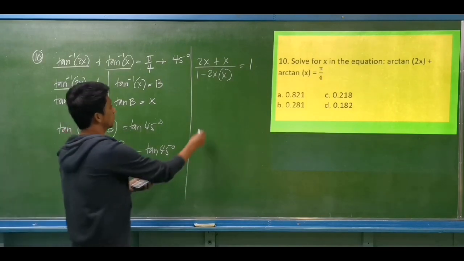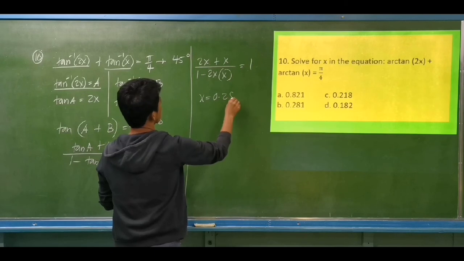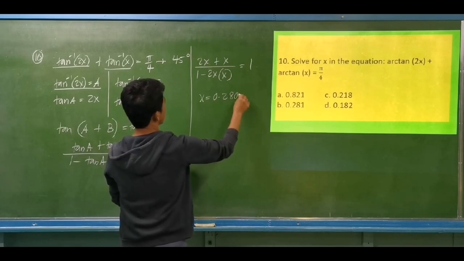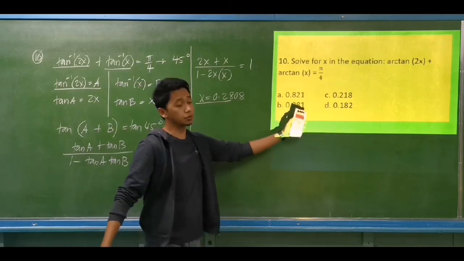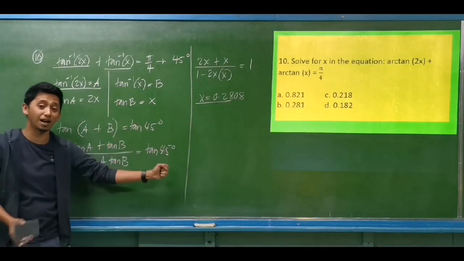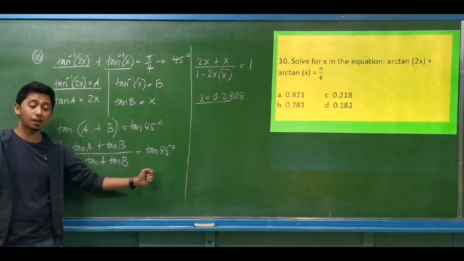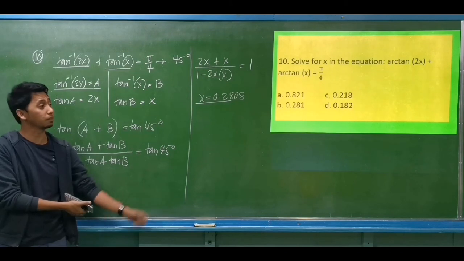Ang lalabas dito is 0.208, 0.8776 pa siya. So pinakamalapit is letter B. So by the way, ginawa ko lang ito just in case hindi gagana yung trial and error. At least alam natin yung fundamental concept niya, yung fundamental solution.